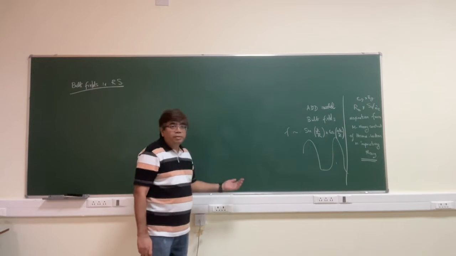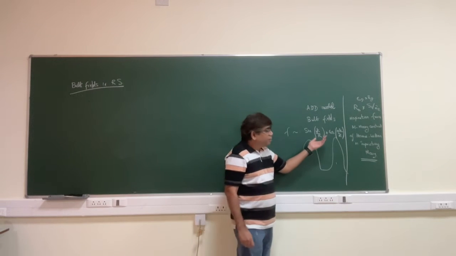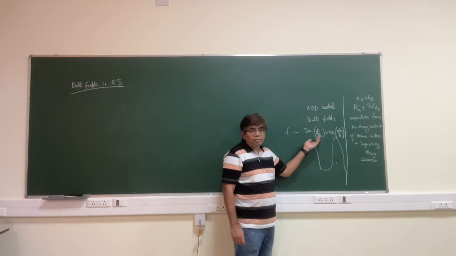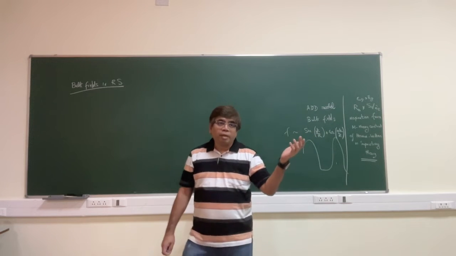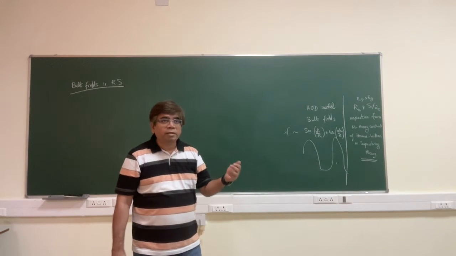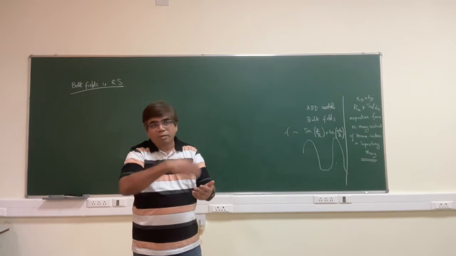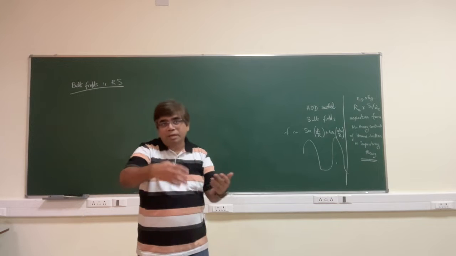Now one thing we know for sure is that in RS they cannot be cosines and sines, because it's not a flat extra dimension. It has a warping in it. If it is a pure flat extra dimension with just compactification, you'll have cosines and sines, like simple harmonic motion.